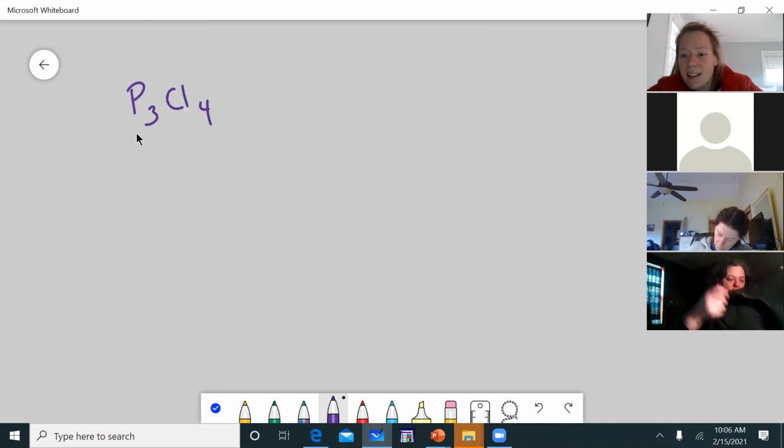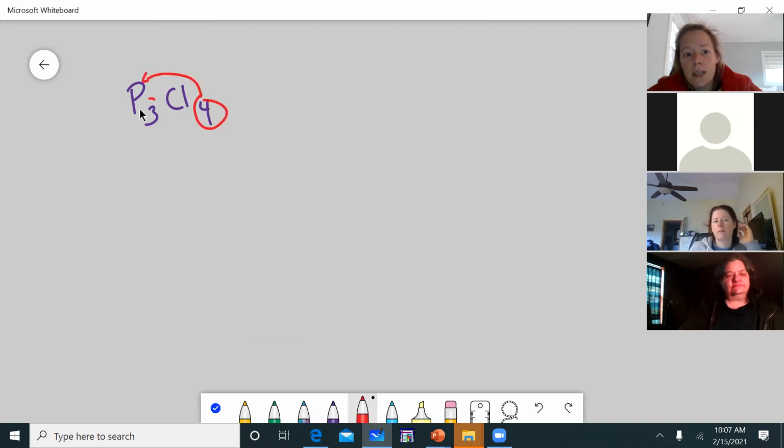The P is going to be listed first on here because phosphorus is closer to the zigzag line. So when naming this thing, I don't flip-flop. I don't do any of that. I just look at phosphorus. There's 3 of them. And what I see as a pitfall here is students want to take this 4 and somehow bring it over to the P and the 3 to the Cl. Do not do that. That is for metals and nonmetals.